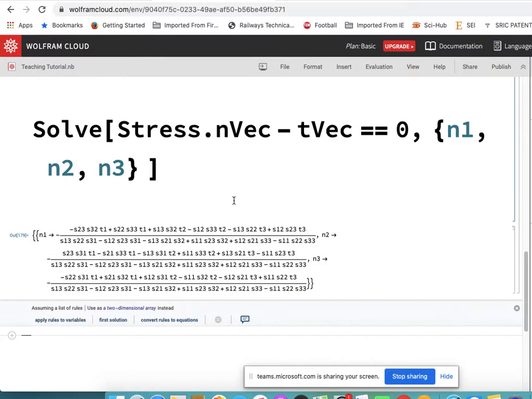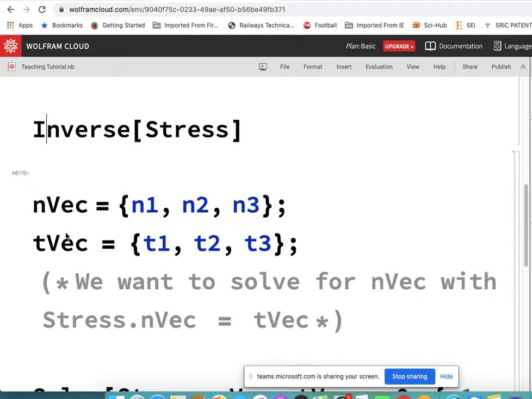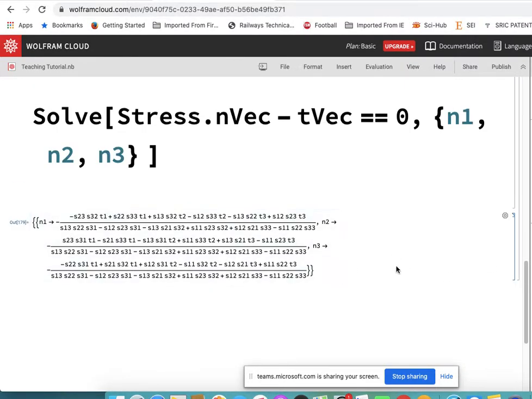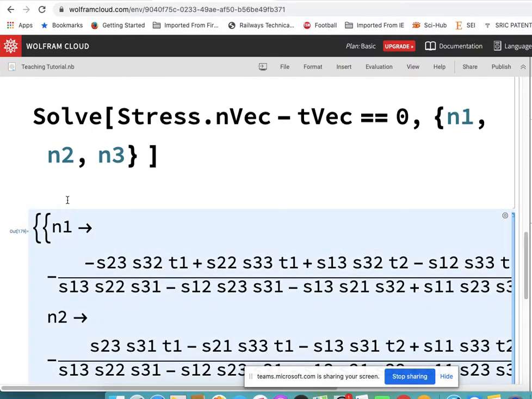Okay, so this was another way to solve for n1, n2, n3. You can use this function called solve in order to find out what these things are.